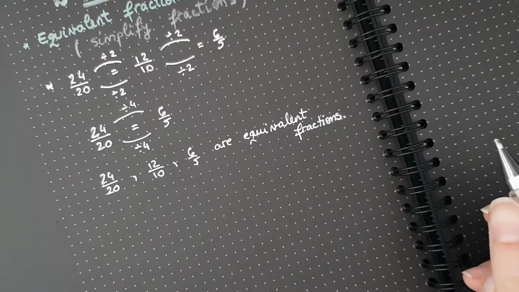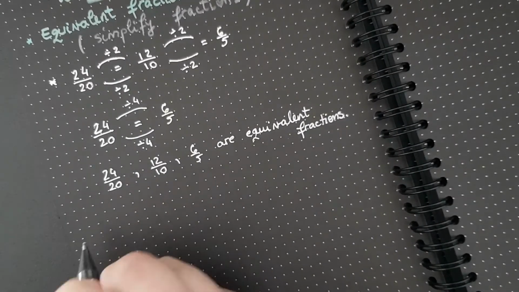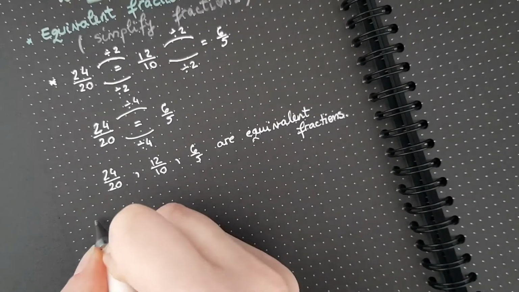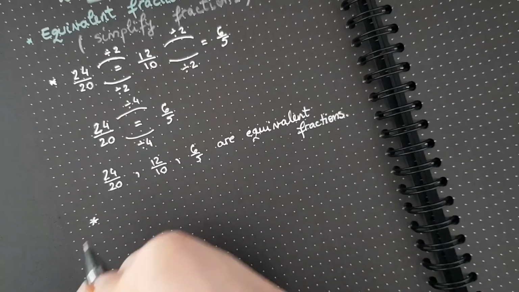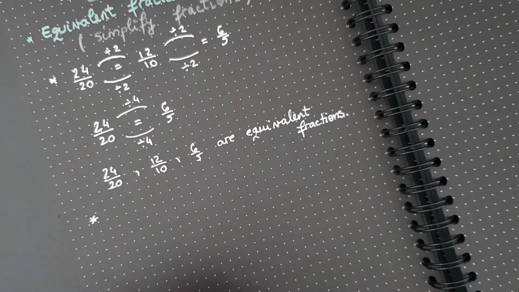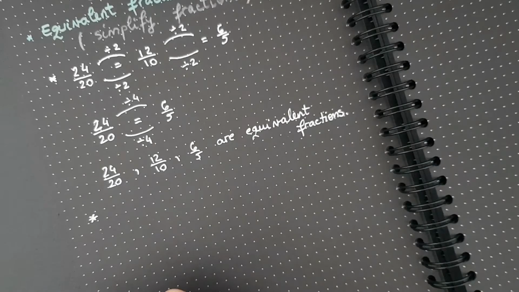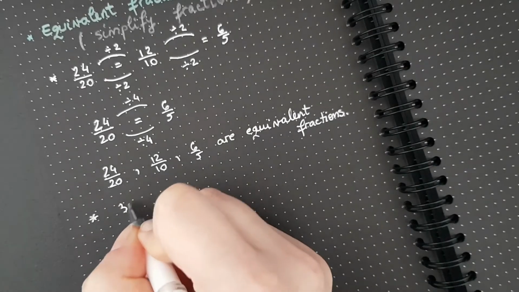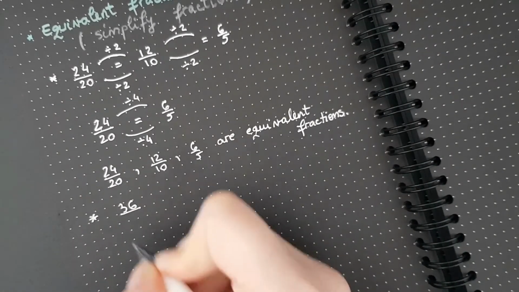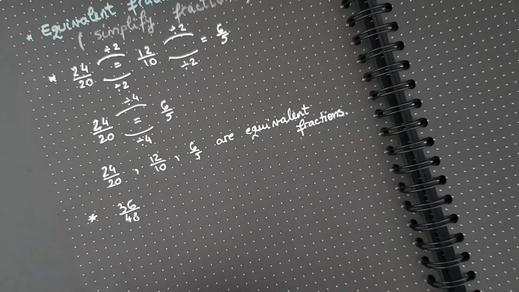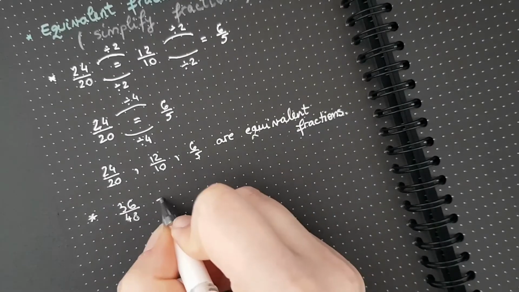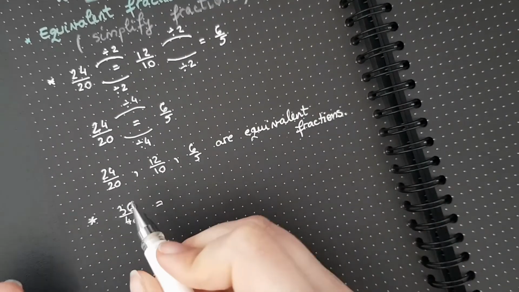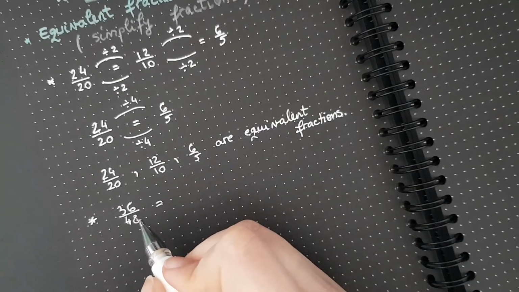Now, I've got another example because I feel like I want to play a bit, and let's get some bigger numbers this time. Let's get the 36 and 48. I can do it the longer way and be like 36 and 48. They're both even numbers.